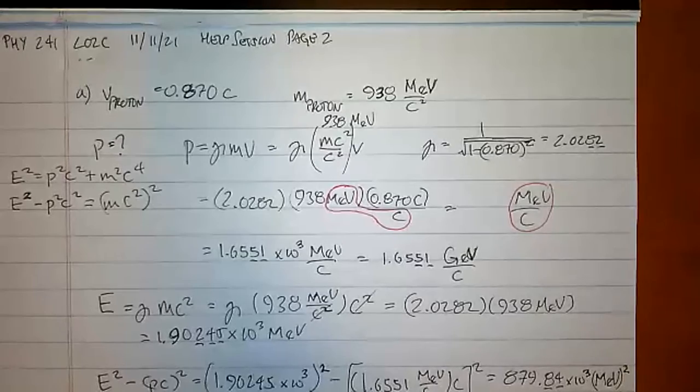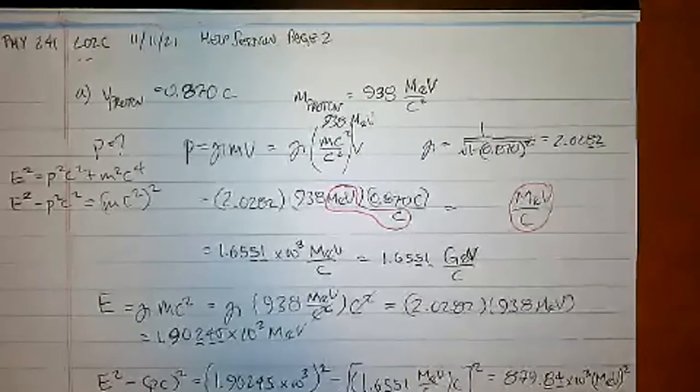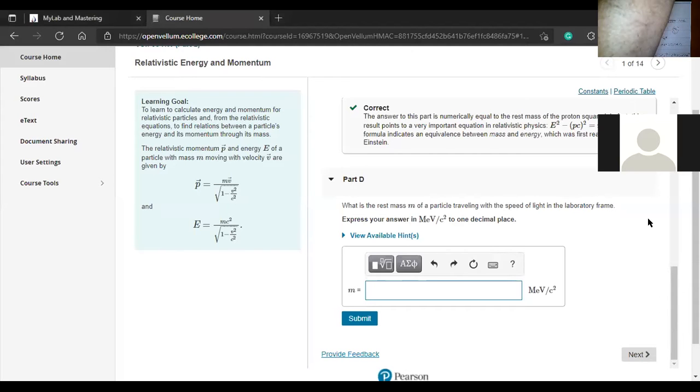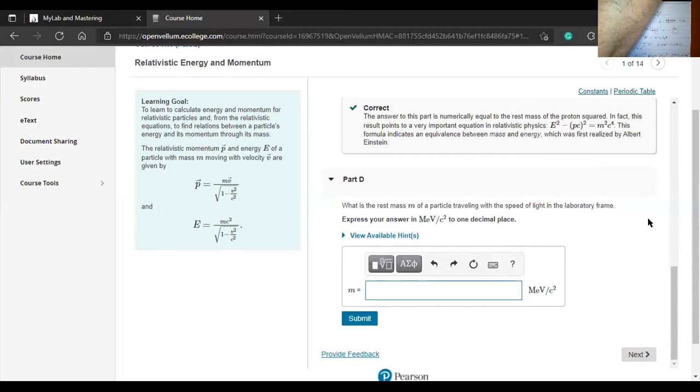So what did they ask you for part D? They ask for the rest mass of a particle traveling with the speed of light in the laboratory setting. Okay. The rest mass of a particle traveling at the speed of light.